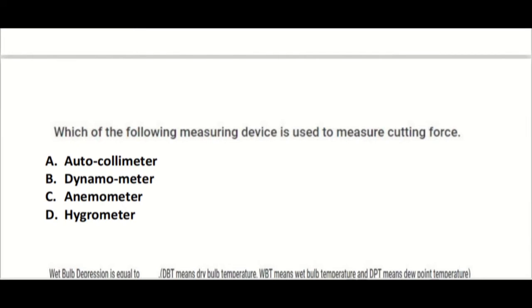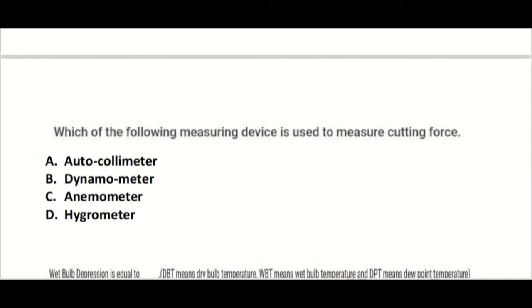Which of the following measuring devices is used to measure cutting force? Dynamometer is used to measure the cutting force. Autocollimator is used to check the flatness of the surface.